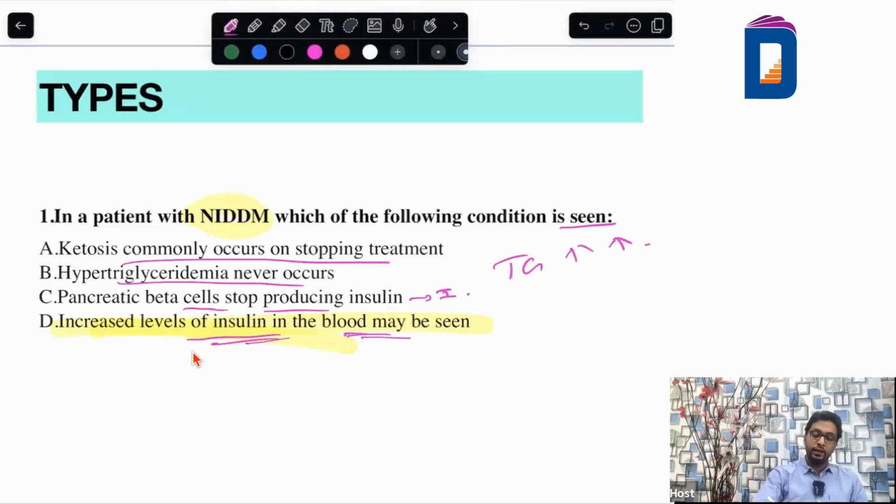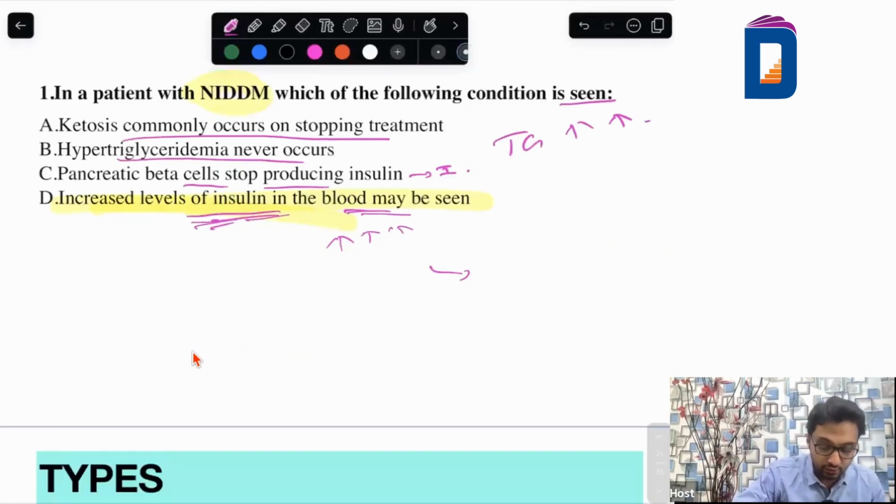So in the blood, insulin levels are very high in type 2 diabetes, but it is not effective. Yes, Sri Lakshmi, very good. D is the answer. Later on, the body resistance continues, lots of insulin is produced, and slowly the pancreatic cells also feel tired. They say, okay, I'm going to stop producing insulin, so beta cell function declines. So the answer is D.